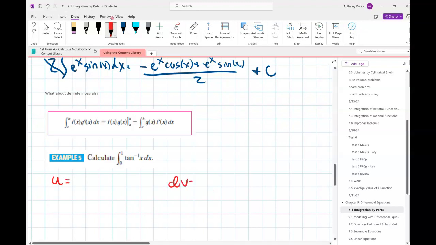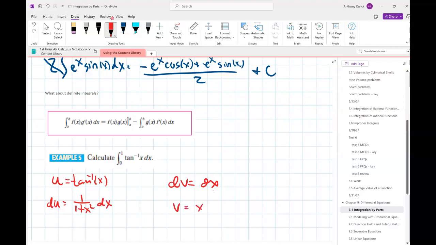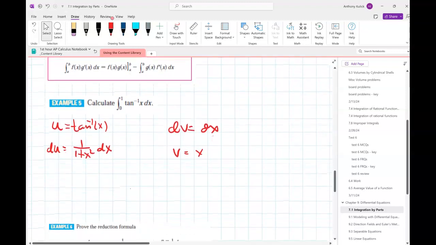Hopefully it's pretty obvious our u should be tan inverse, because I can't do the derivative of dx. That has to be our dv. So du is going to equal 1 over 1 plus x squared dx, and then v is just x. Everybody's good? I skipped some of the work there, but it's work we've done before, so I felt it was okay to skate through a little bit.